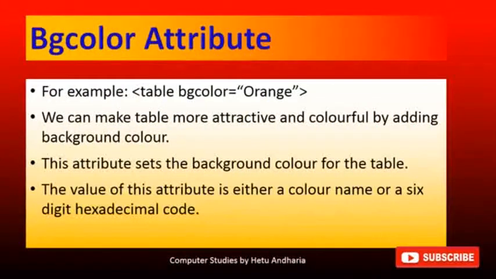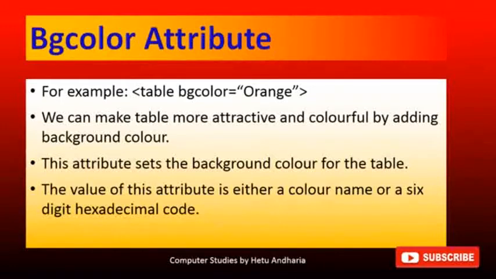You people are very much familiar with the word bgcolor. We had used this attribute to add color in the background of the web page. The same thing can be used to add color in the table. So in this way, if you type table bgcolor equal to orange, what will happen?